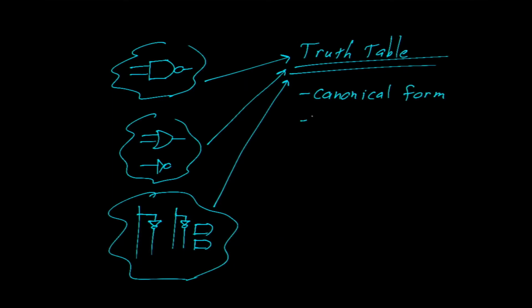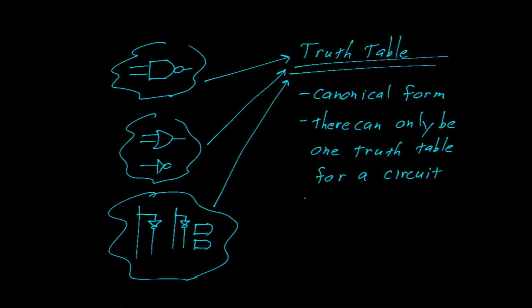There can be only one truth table for each circuit. Another way of saying that is there can be only one compact sum of minterms equation.